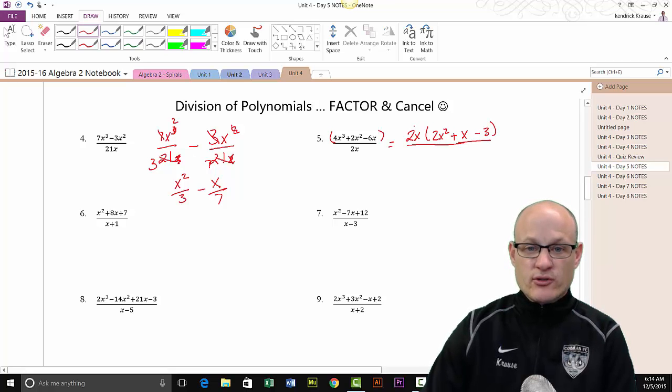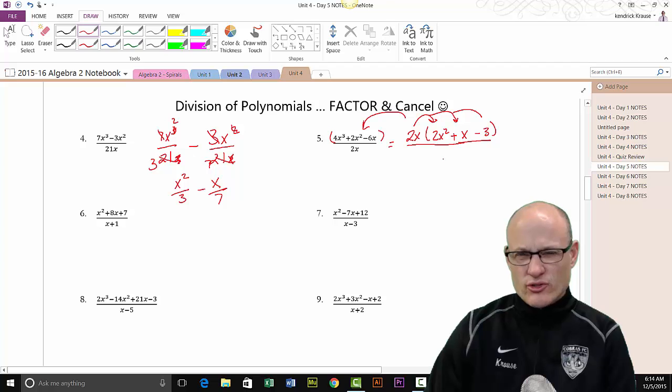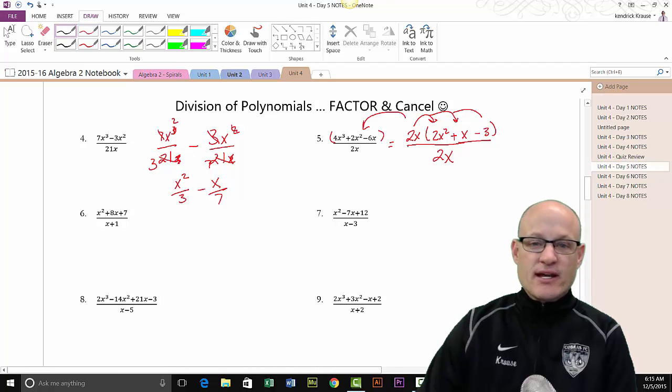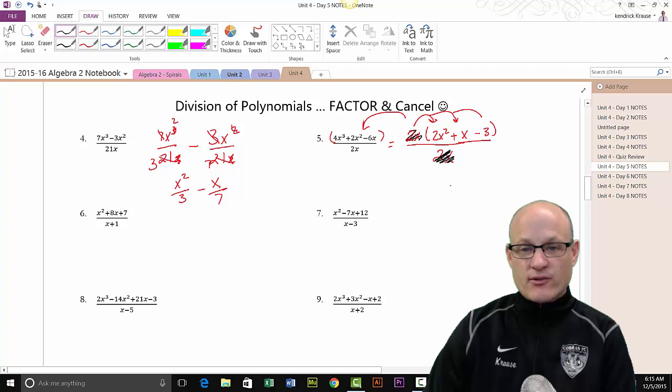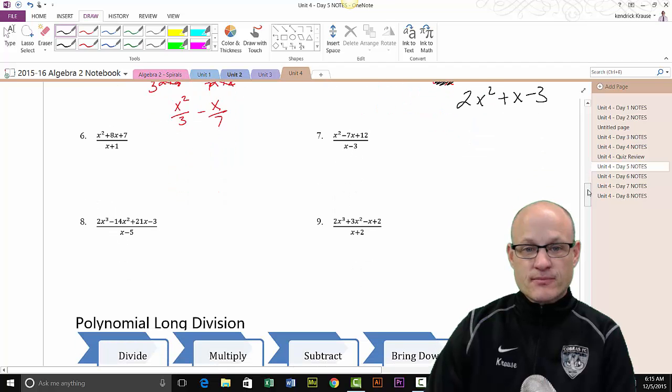Now the reason being is because if I redistribute these, I get this. By the way, we're just reminding ourselves how to do a little bit of division before we go crazy. Now once I have that, you'll notice that this and this divide out evenly or cancel out, and I end up with 2x squared plus x minus 3.